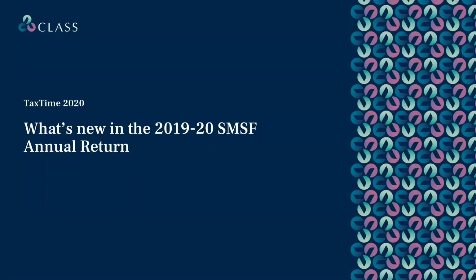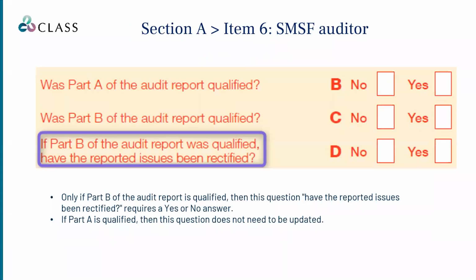Now, next part, I will briefly cover what's new in the 2019-20 self-managed super fund annual return. This change is one where Class have been lobbying the ATO to fix the wording on these questions. Previously, there was a lot of confusion: if you had a Part A qualification, whether question label D needed to be answered. Now it's very clear. Only Part B is the compliance audit.